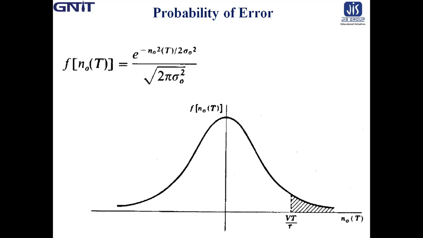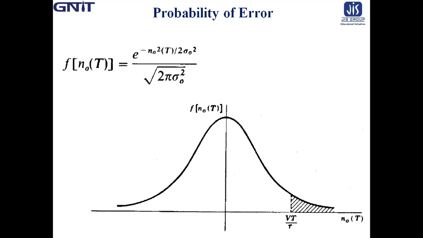Again, I am repeating this; listen very carefully. Suppose that we are transmitting s2(t), say minus V, and after sampling it will generate minus VT by tau.